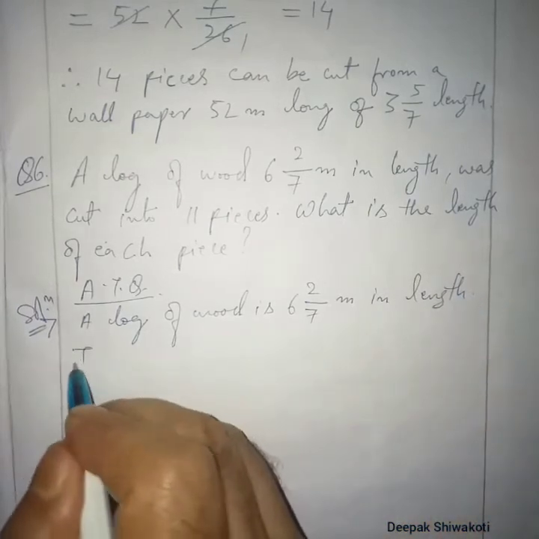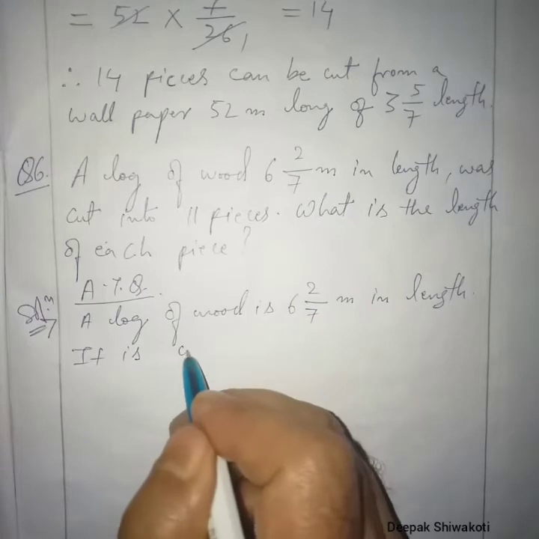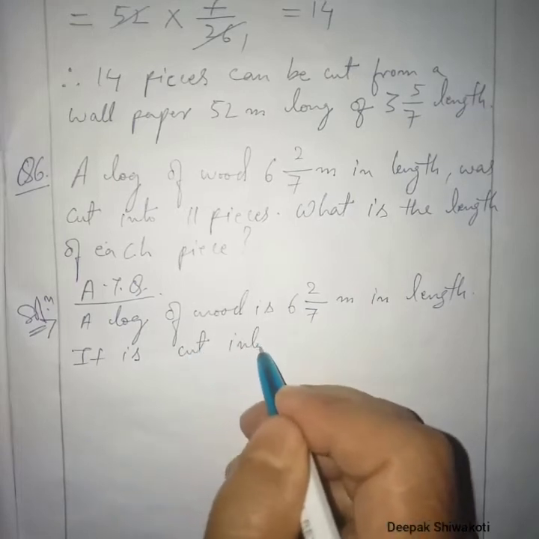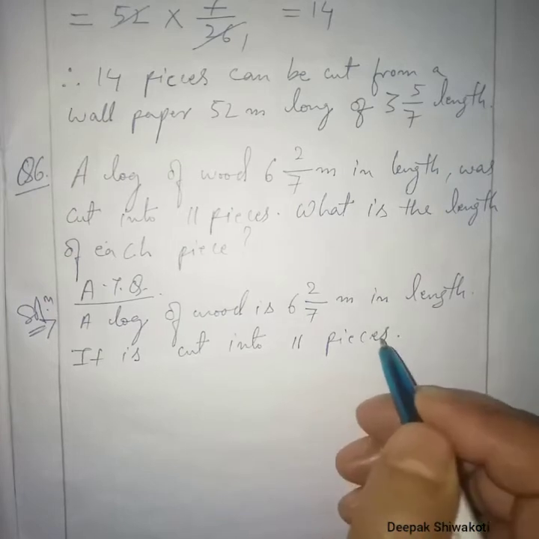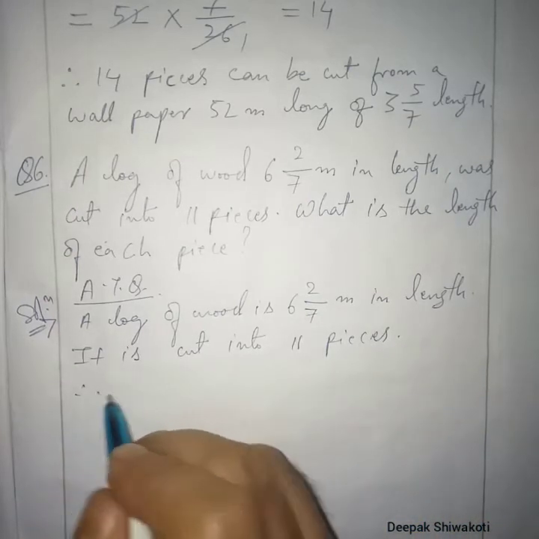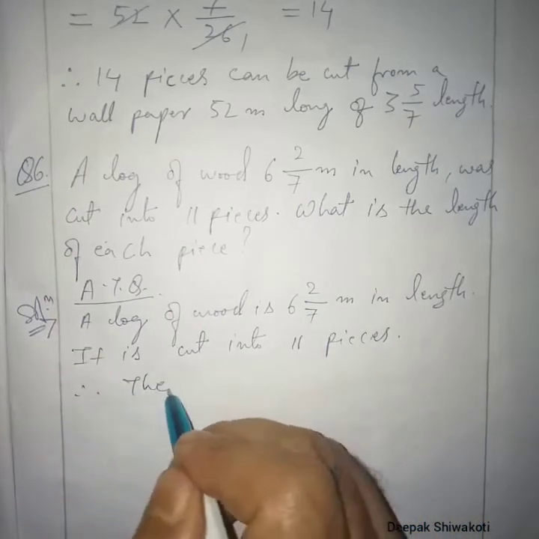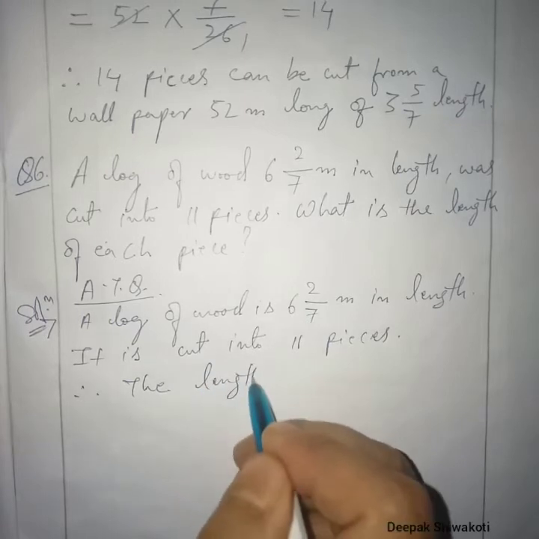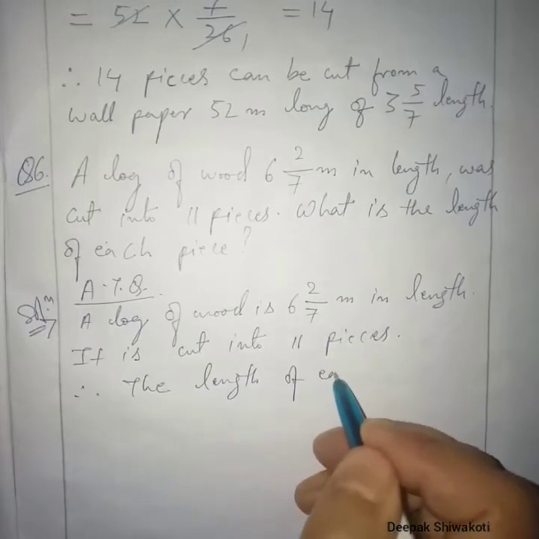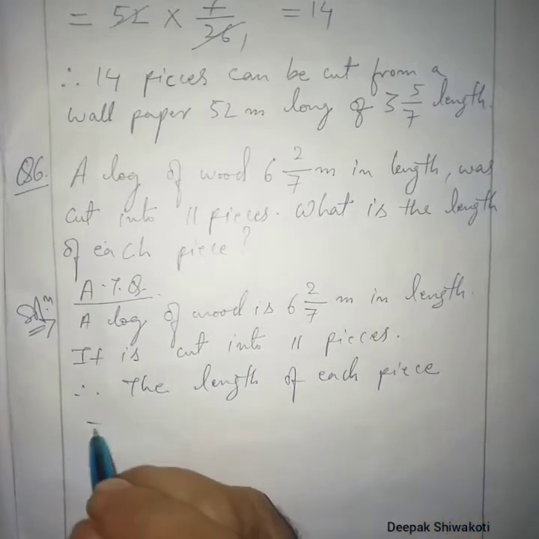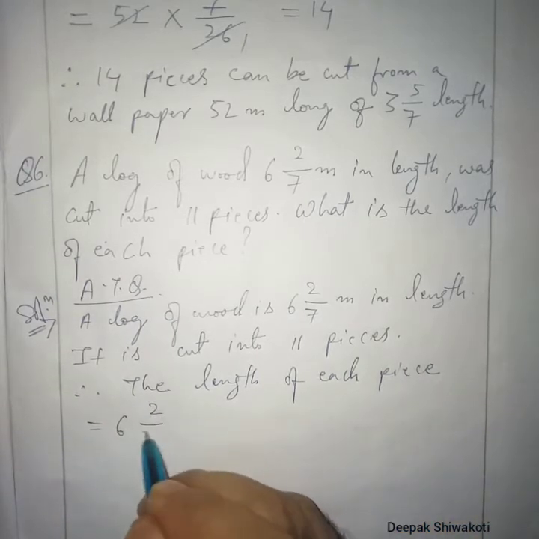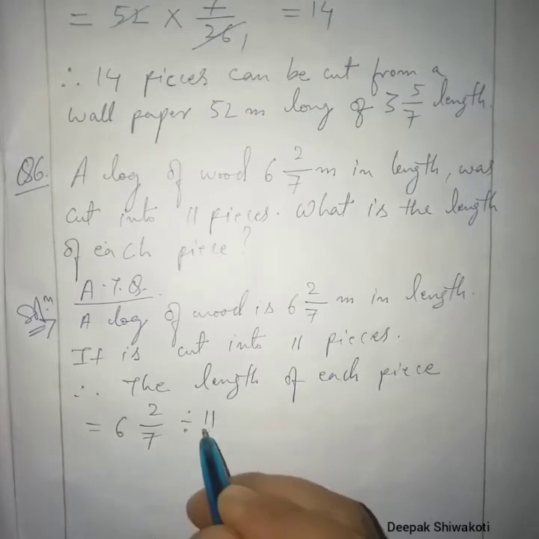Okay, it is cut into how many pieces? 11 pieces. Okay, therefore the length of each piece will be equal to 6 whole 2 by 7 divided by 11.